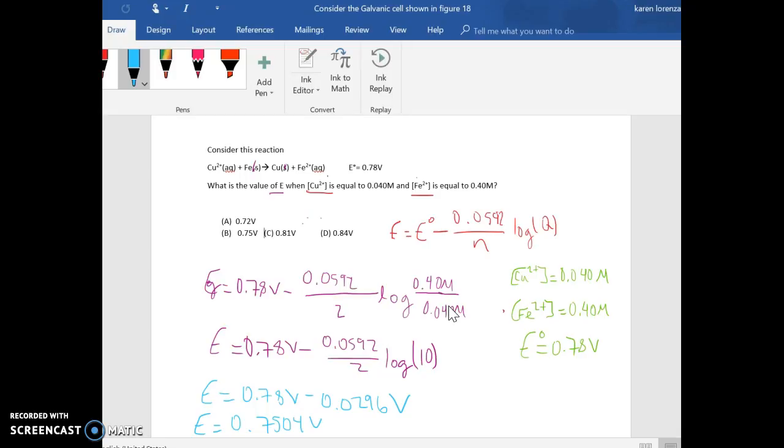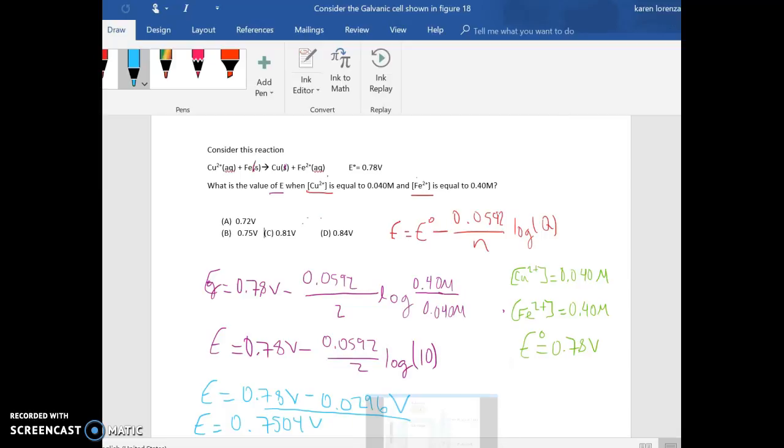After I plugged everything into my calculator, I solved 0.40 over 0.040 and got 10, and the log of 10 is equal to 1. Then I divided the 0.0592 by 2, and I got 0.0296.